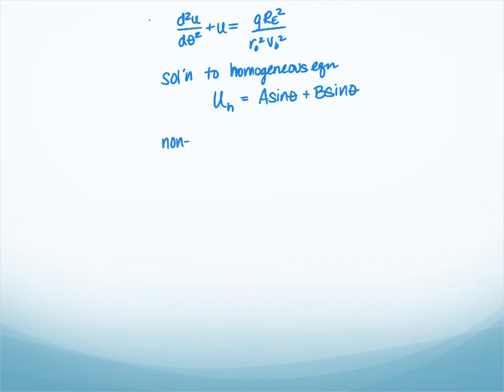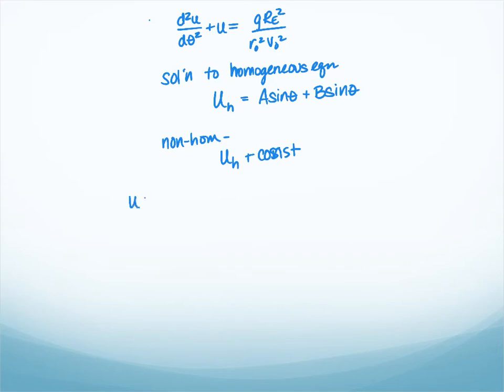And so the solution to the homogeneous equation, we're going to write u sub h would be a sine of theta plus b cosine of theta. And then from differential equations, the non-homogeneous solution would be adding this plus some constant, which is essentially the constant that we see on the right-hand side.